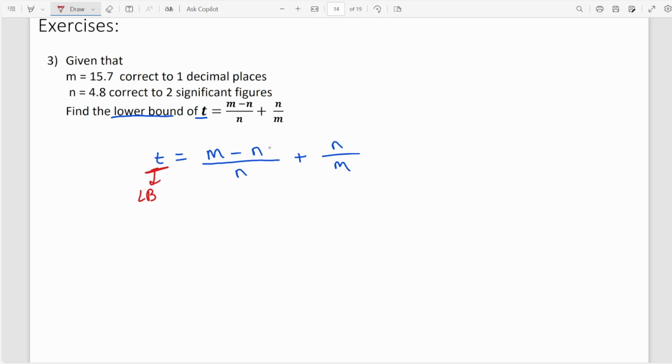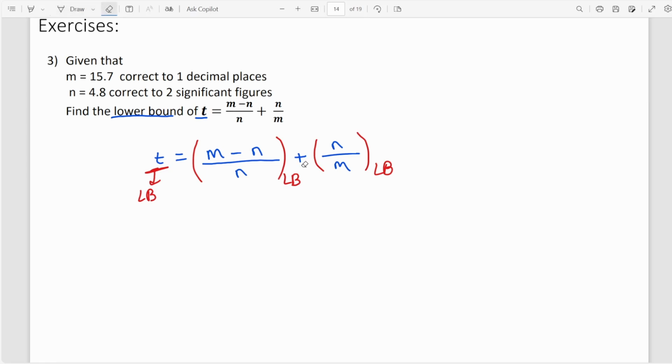The last operation you will do here, the first one is this subtraction, and then you'll divide, and then you go over here and divide based on the rules of operation of BIDMAS, and finally you will add. So the last operation you'll do is the addition. Now to achieve a lower bound from an addition, you would want this entire expression to have the lower bound, and this entire expression to have the lower bound.